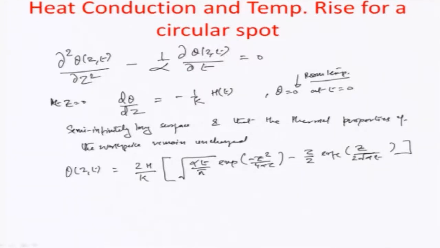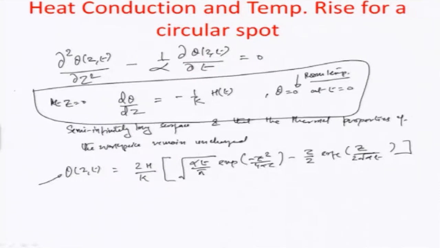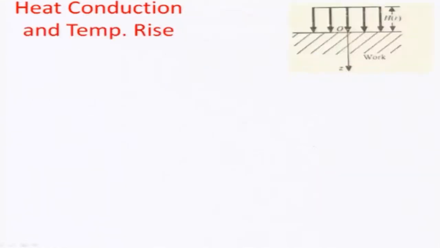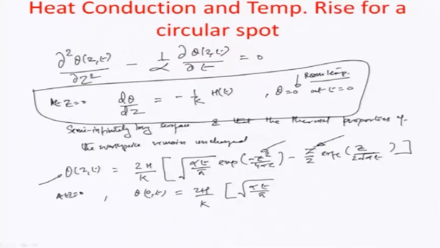If we tweak this solution to the boundary conditions which have been represented here, we have at z equal to 0, theta 0 t simply represented as twice h by k root over alpha t by pi. This goes off, and so does this, and so therefore we are actually left with, sorry, I just need to rewrite this.